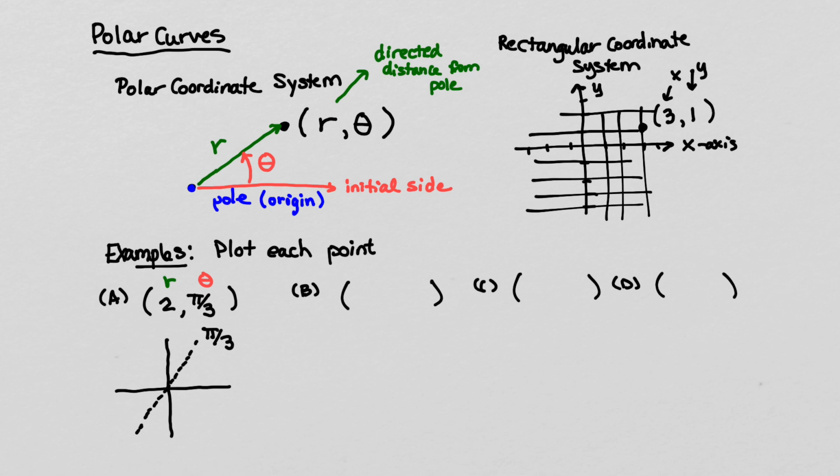After I find my angle, then I plot a radius. In the direction of pi over 3, I want to go 2 circles out, or 2 units out, and that's going to give me that point. You should have 2 circles out. That should be the point 2 comma pi over 3. Does that make sense?